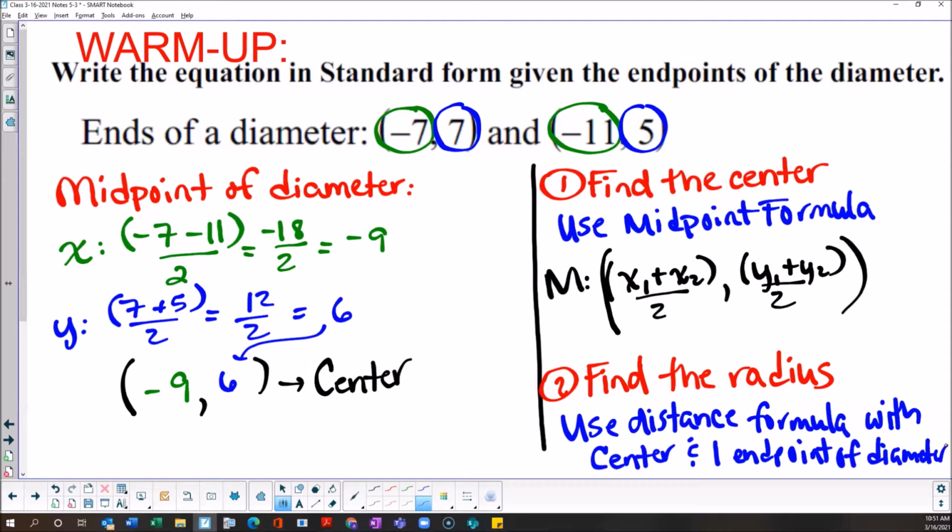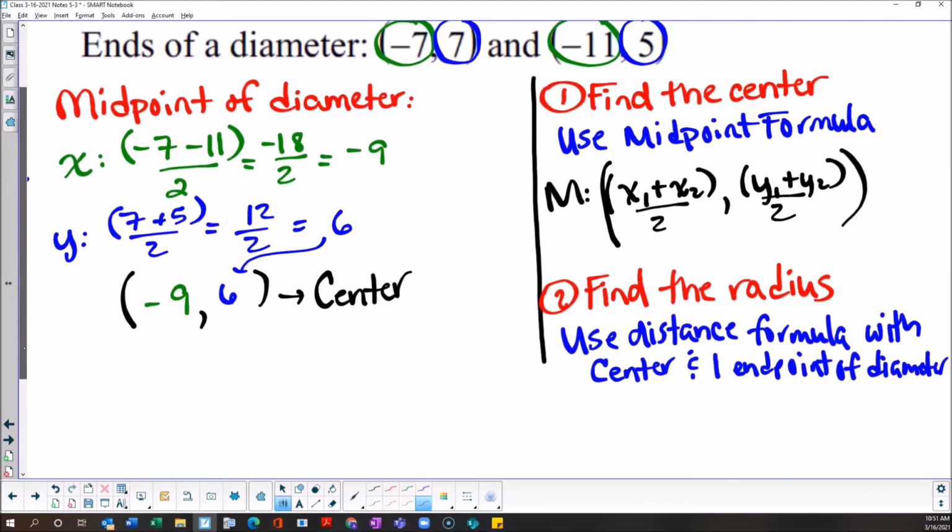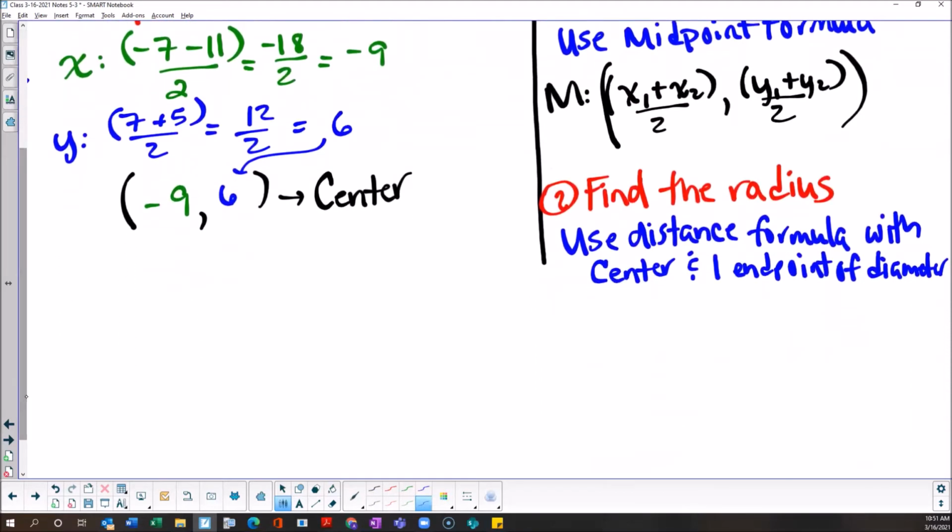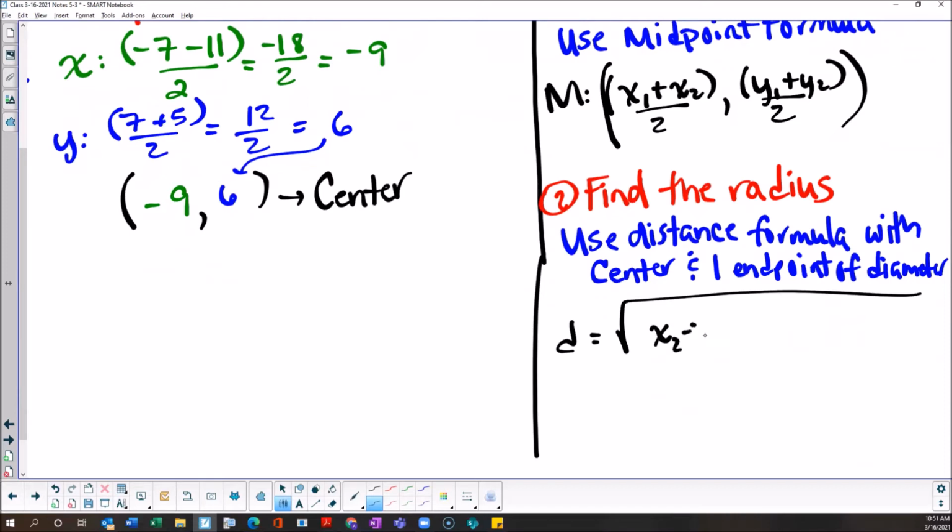All right? Okay, so when I do the distance formula, let's write down what that is. The distance formula is the one that looks super complicated, but it's going to be the square root of the difference in the x values squared plus the difference in my y values squared.